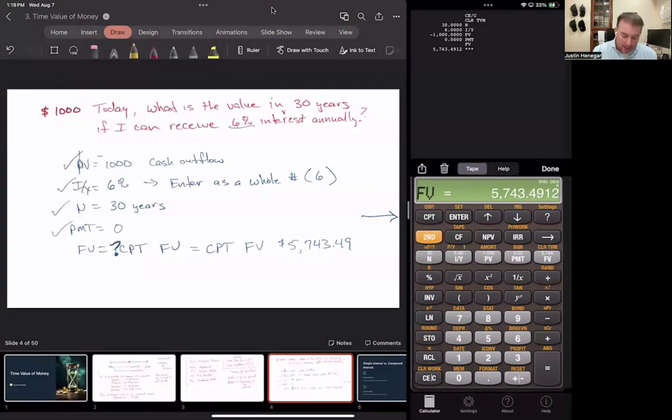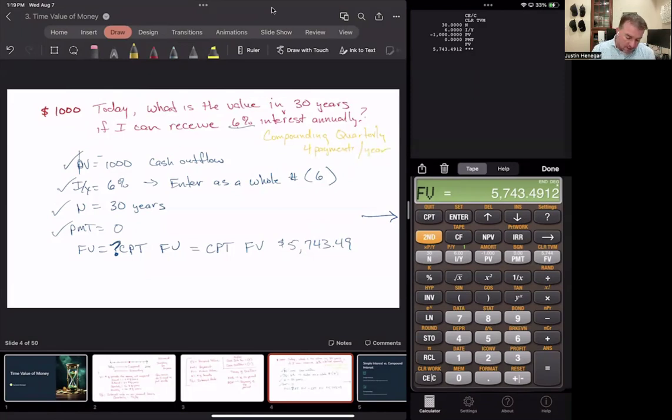Let's suppose that we don't have 6%, but we get compounding quarterly. Okay. So what does this mean? Well, this means that I'm receiving 4 payments per year. Okay. Now, we're going to make some adjustments on our numbers, and then I'll go back into the calculator and readjust those numbers.